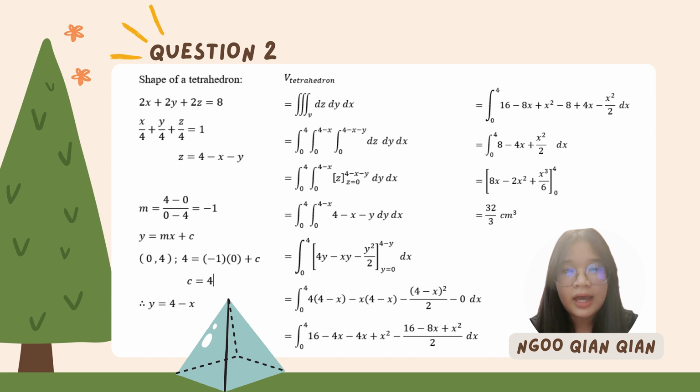By setting up the limits of the integral, z ranges from 0 to 4 minus x minus y, y ranges from 0 to 4 minus x, and x ranges from 0 to 4. We will get the volume of the tetrahedron, which is 32/3 cm cubed.